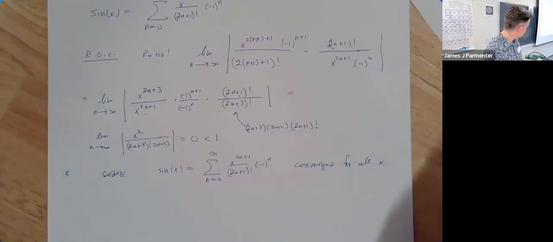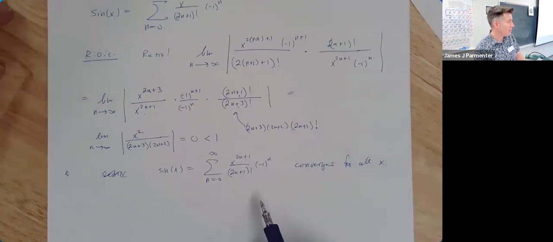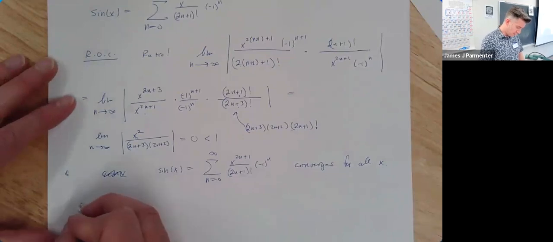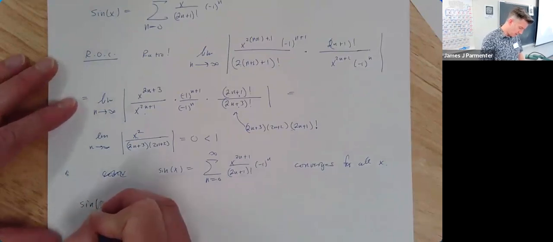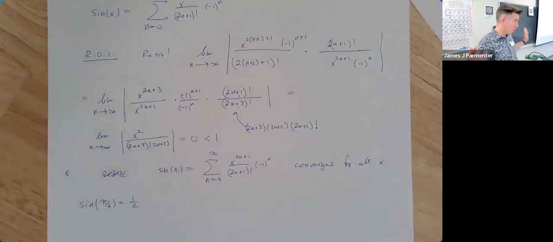So what this really means is that you could find sine of anything by taking the literal infinite sum of that. Kind of weird. It's actually really weird when you think about it, because, for example, we know that sine of pi over 6 is equal to 1/2. It's true, right? It's one of those known trig values.